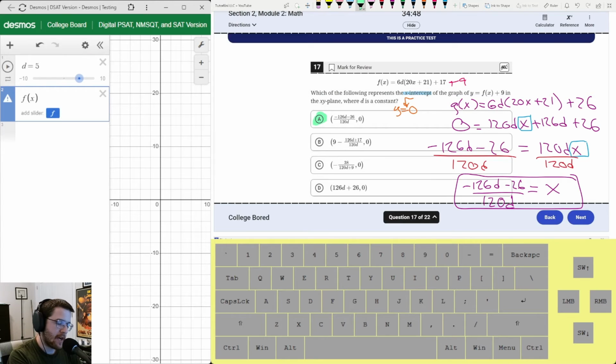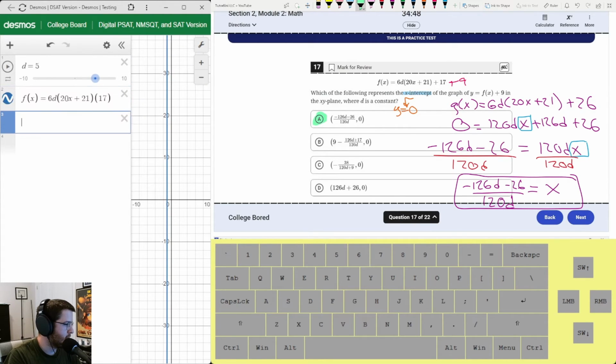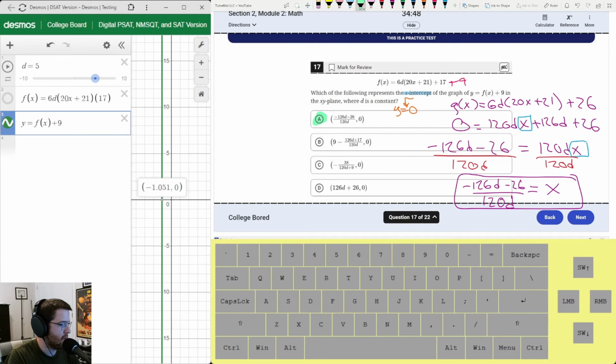I'm going to type in f of x equals 6d 20x plus 21, 17, and then g of x, or you could just type in what the question says, y equals f of x plus 9. Don't care about the blue one. Okay, so the x-intercept, hold on. I did not do that right.